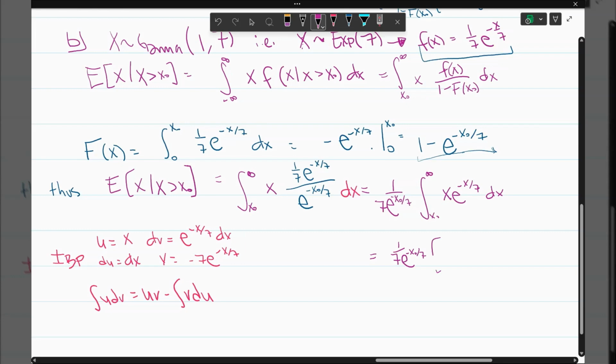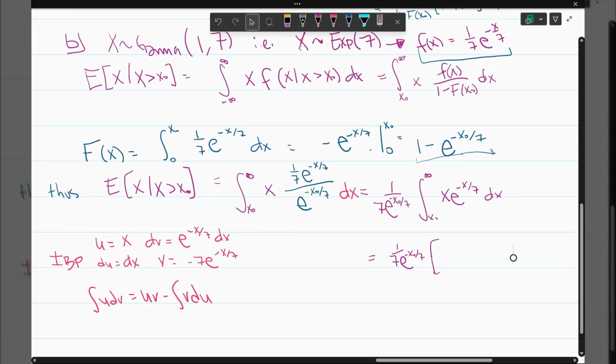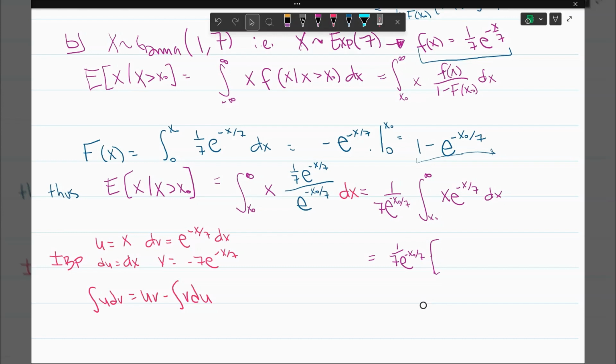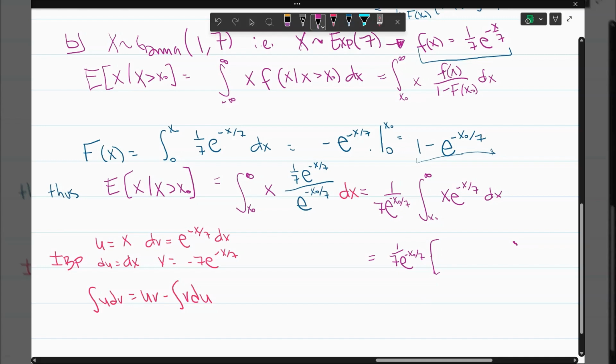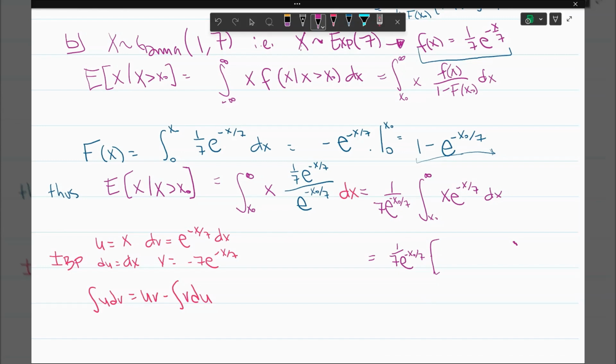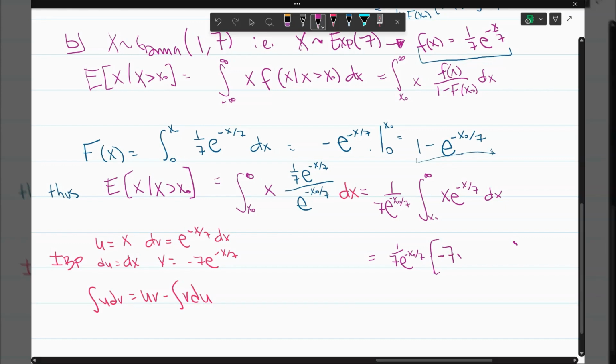Okay, we have our uv, which would be negative 7x e to the minus x over 7 from x naught to infinity.